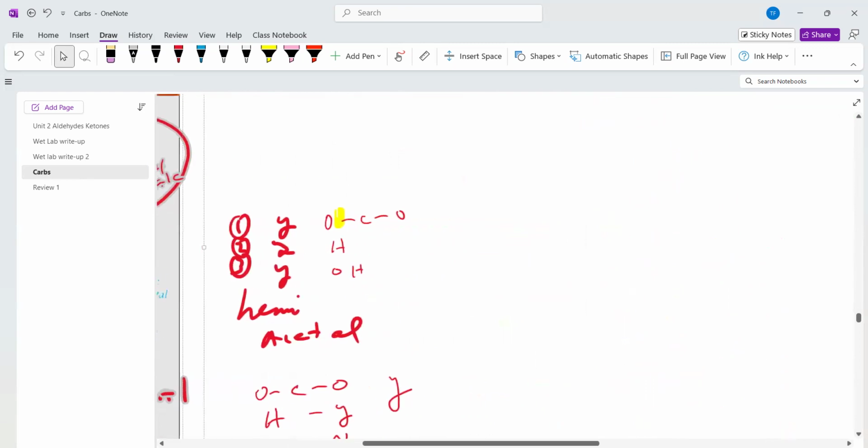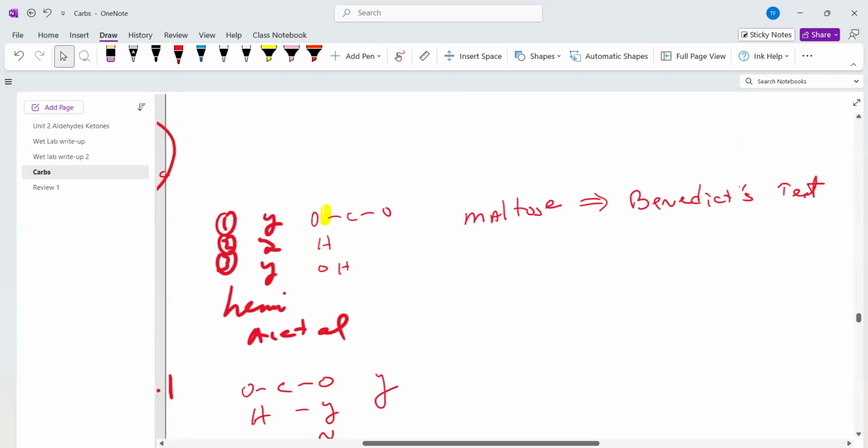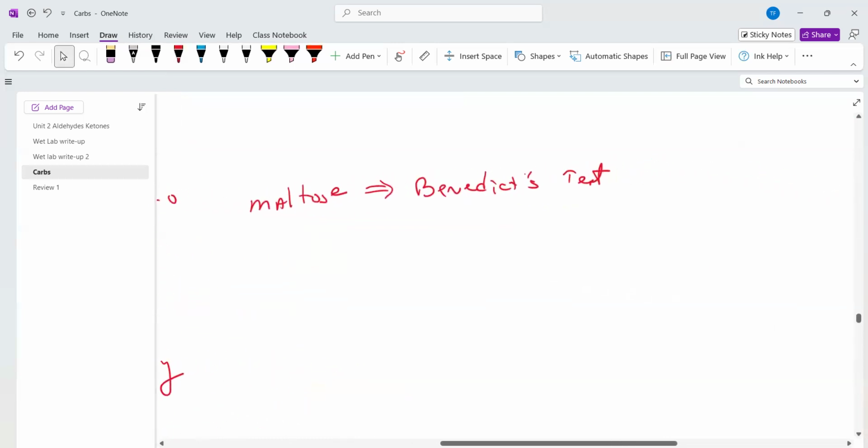So we're going to take maltose and do the Benedict's test. We start with maltose.